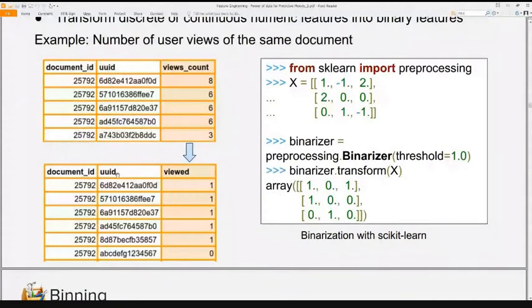Meaning when a new customer comes, I give them a new account number, their patterns go through the model and it predicts for me. So in this case, unique user ID and document ID are not what the model uses. What will go in will be either views count or the fact whether they viewed or not.